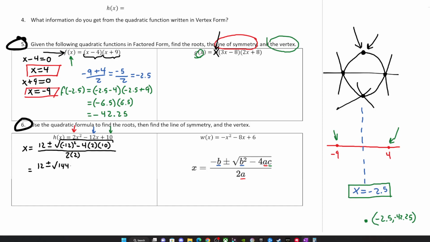Then minus 4 times 2 times 10. Now notice here a is positive, c is positive, and we have this negative 4 there originally, so the result will be negative. 4 times 2 is 8, times 10 is 80. So negative 80.